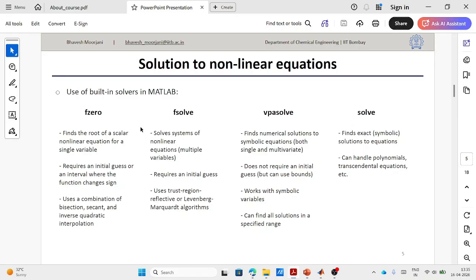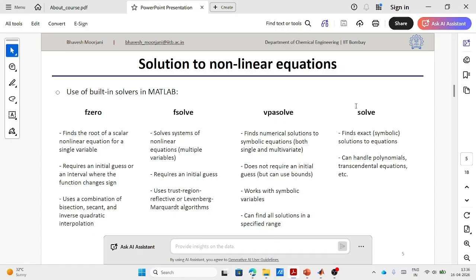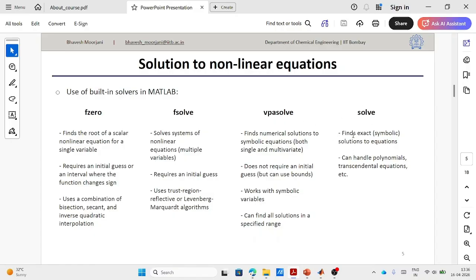For most of the part, when we use nonlinear equations in our models, you will find that we will deal with the fzero or fsolve commands in general. vpasolve and solve generally work with symbolic equations, but we won't be using those, at least for the problems that I have considered here.